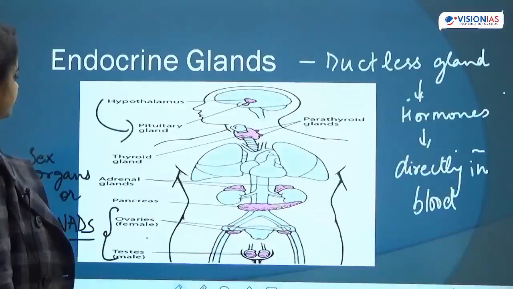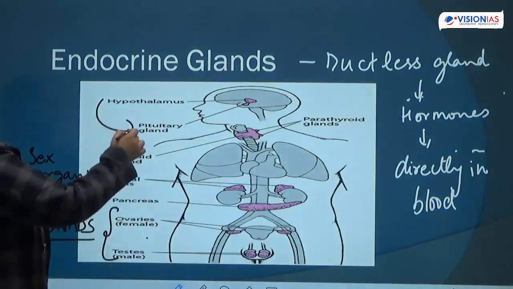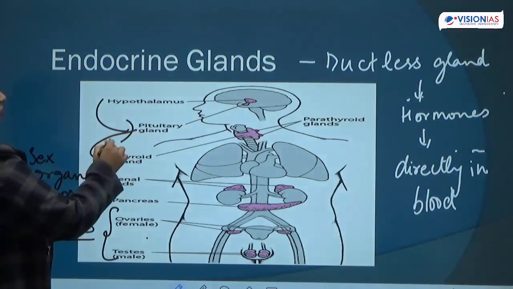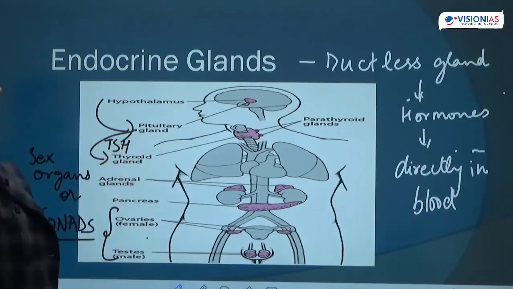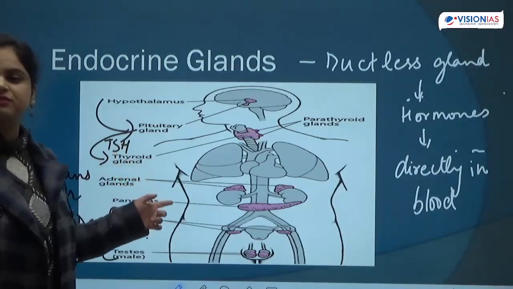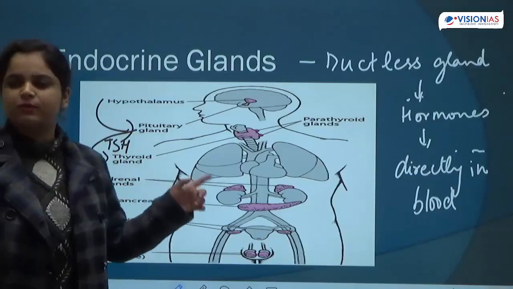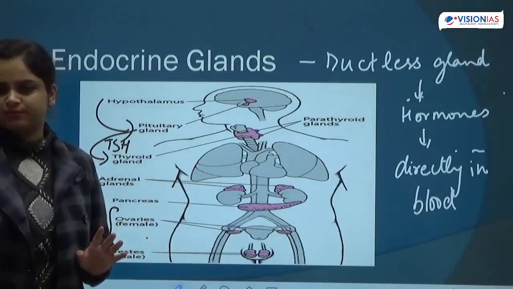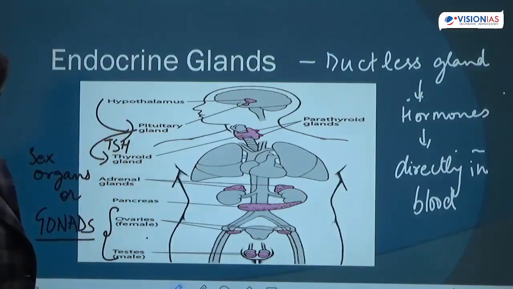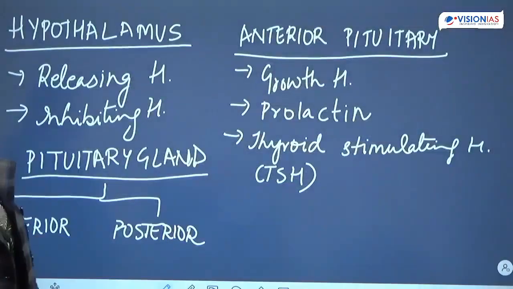Now the name should tell you what it is going to be doing. It is being released from the pituitary, but its job is to stimulate the thyroid gland. TSH will be released, and it's only after the release of TSH that the thyroid will be doing its function. The thyroid will start releasing its hormone once the pituitary has given it a signal in the form of TSH.